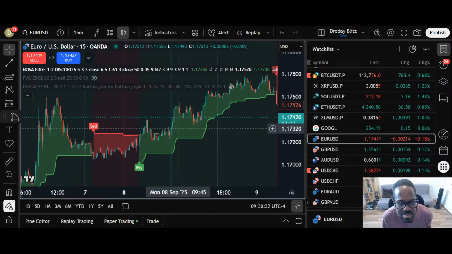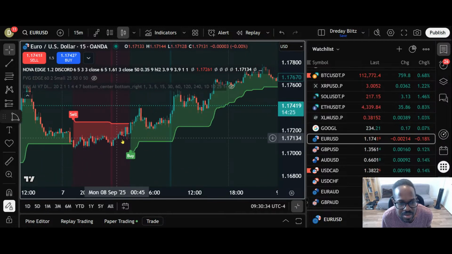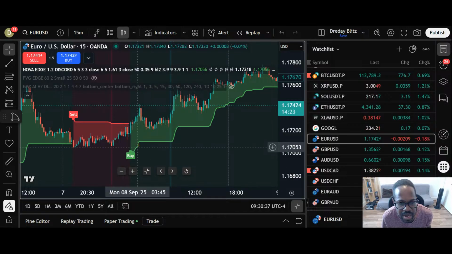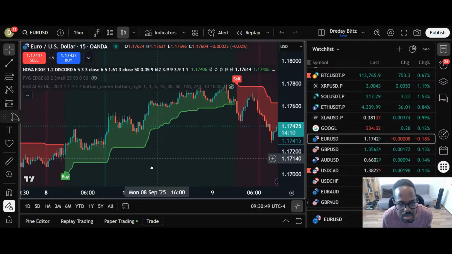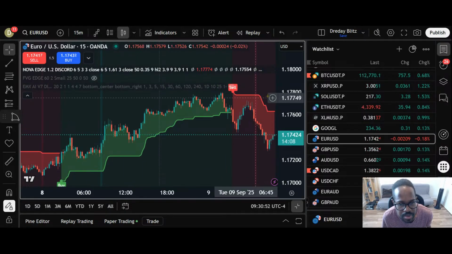Same thing here. Let's say you receive that buy setup. It's the best time to look for entries at the beginning of that buy setup, the bullish trend, right? And as you can see, it went up, and then now it started to go down.